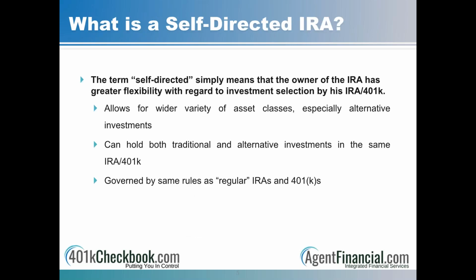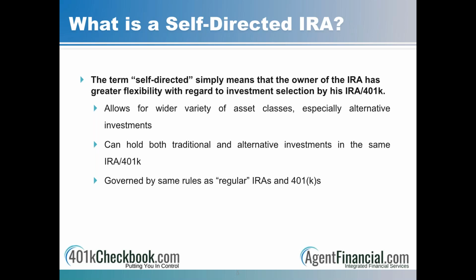So what is a self-directed IRA? That's a great question to begin with, because the checkbook IRA is built upon the self-directed IRA. What do we mean by self-directed? Is this some other kind of IRA? Does the tax code include a section for traditional IRAs, Roth IRAs, and self-directed IRAs?